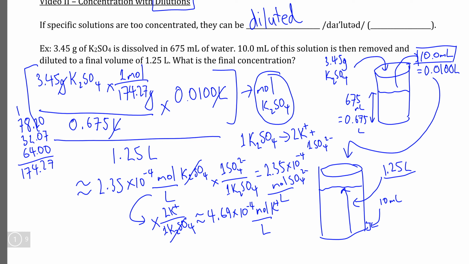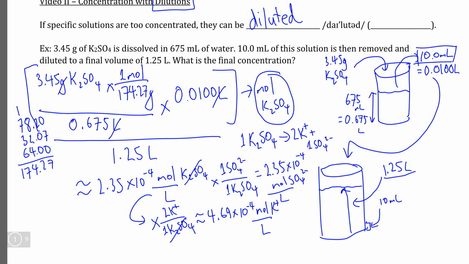And from there, we're going to remove a small volume of this solution, which, because this came from our original solution, has the same concentration, which means we can multiply it by this volume in order to find how many moles of K2SO4 we had removed.